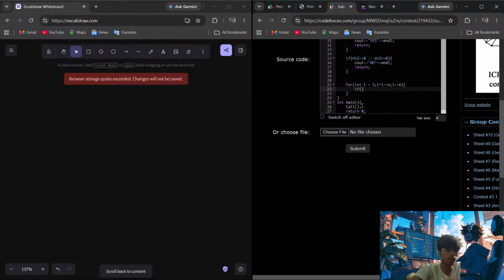I will check if n modulus i is equal to 0, or n modulus i plus 2 is equal to 0, any of these. So I will return that this is not a prime number.